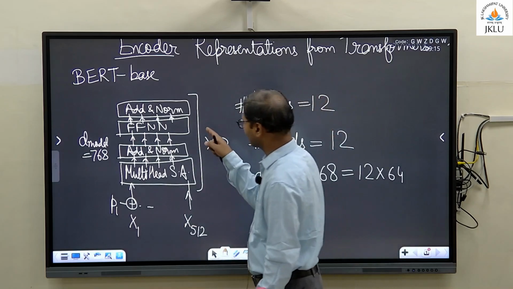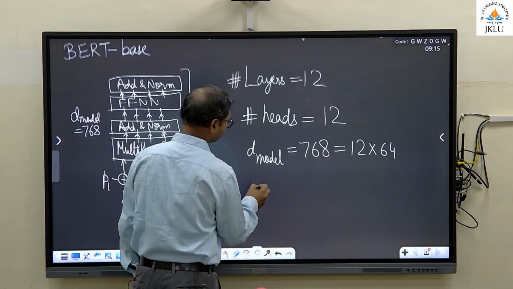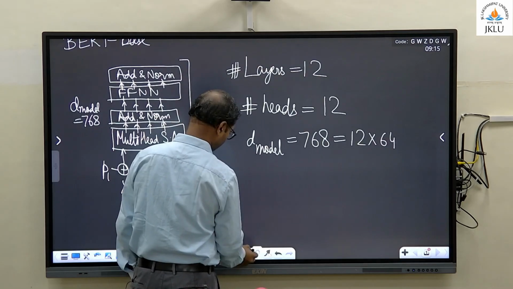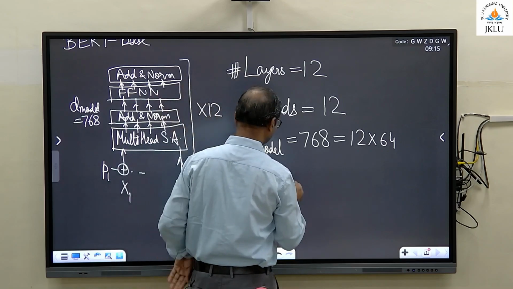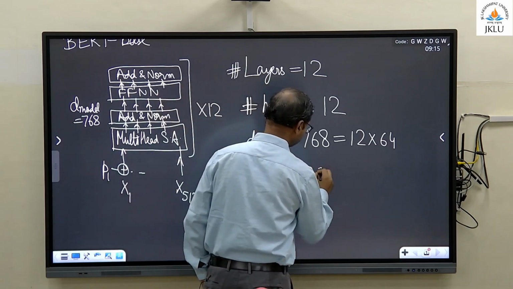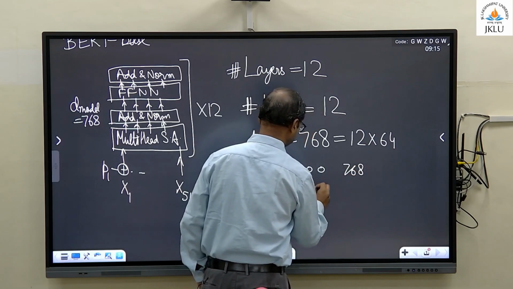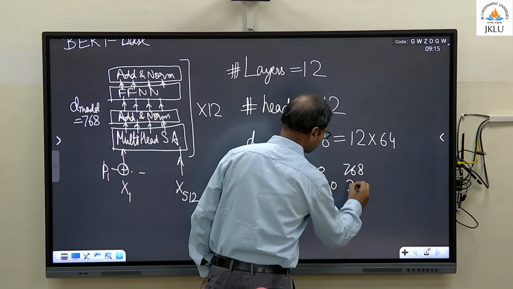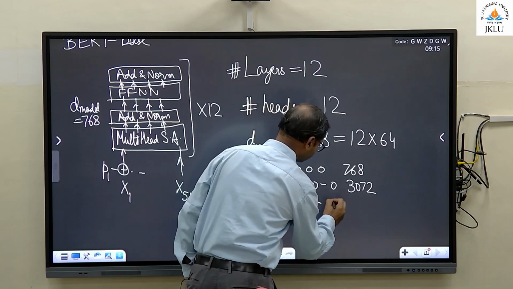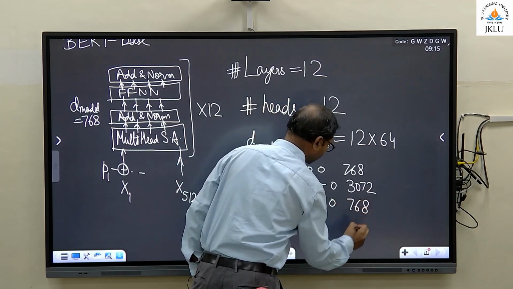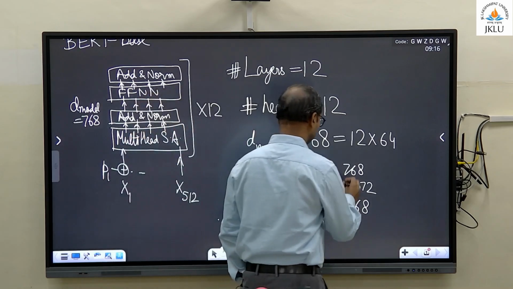So what is the size of this feed forward neural network? Again, if you see, this feed forward neural network looks like 768, 3072 and then 768 again.